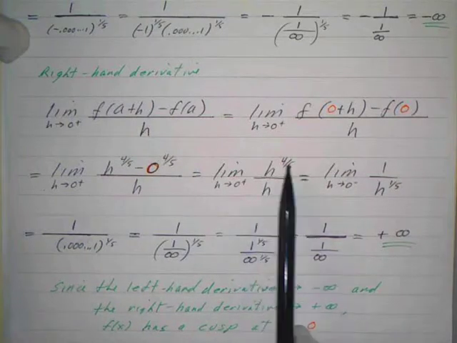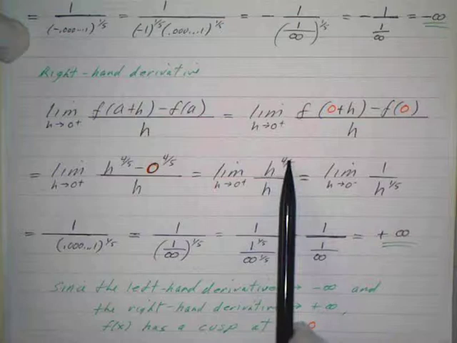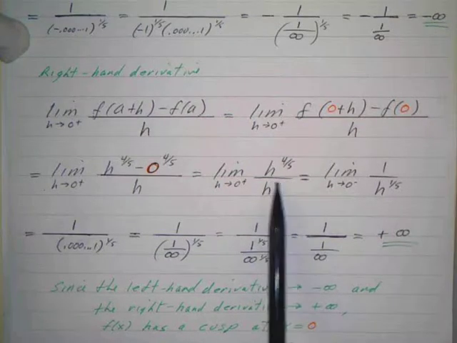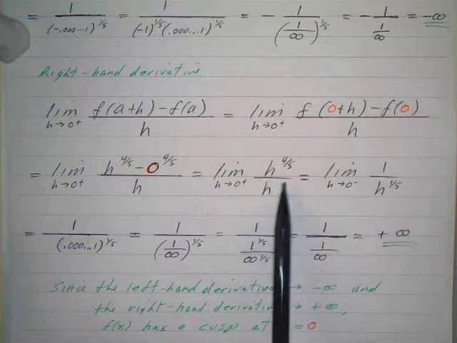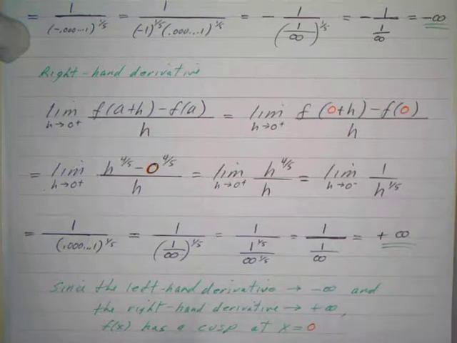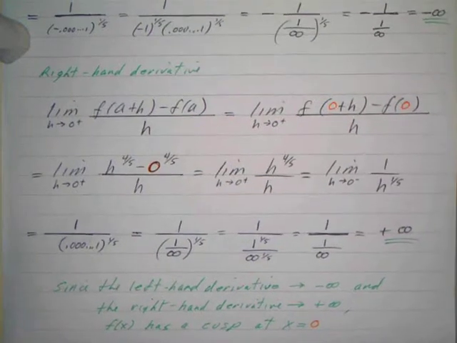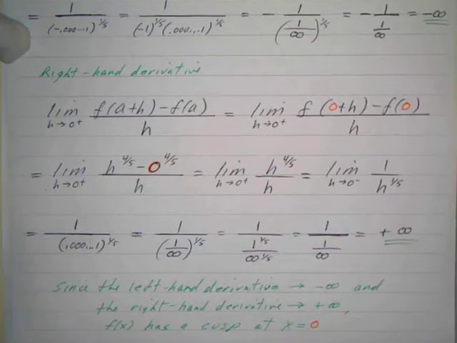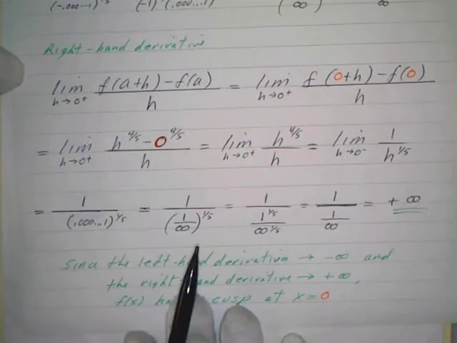And again, if I bring this h down, that's going to be h to the negative 4/5, and if I add 5/5 to negative 4/5, I get 1/5. So I hope you can follow that. Probably a step I should have put in, at least the first time.